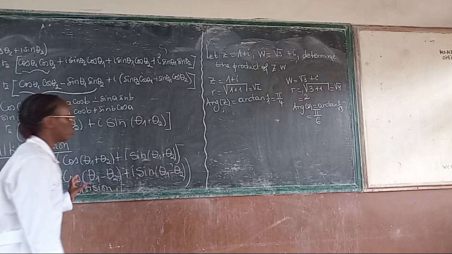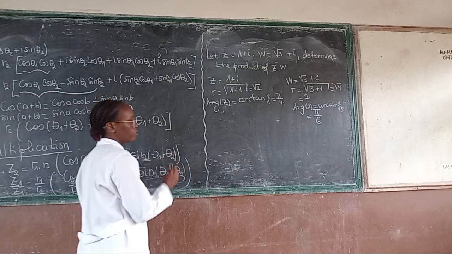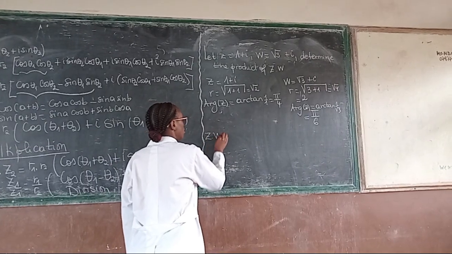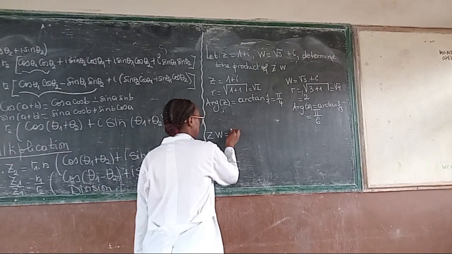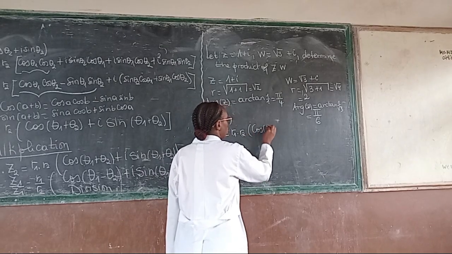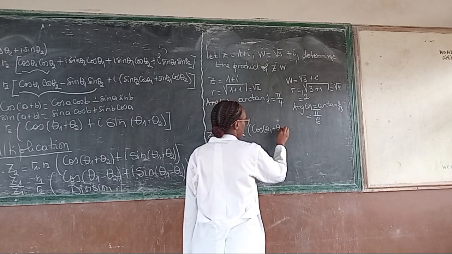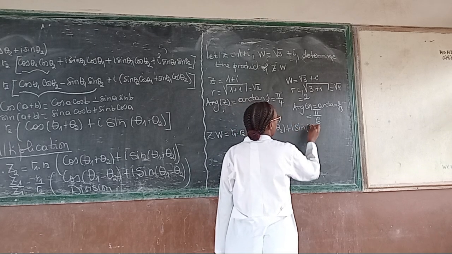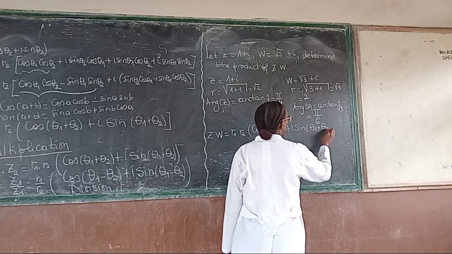What we need is to find the product of z times w. We have found that it is R1 times R2 (cosine of (theta 1 plus theta 2) plus I sine of (theta 1 plus theta 2)).